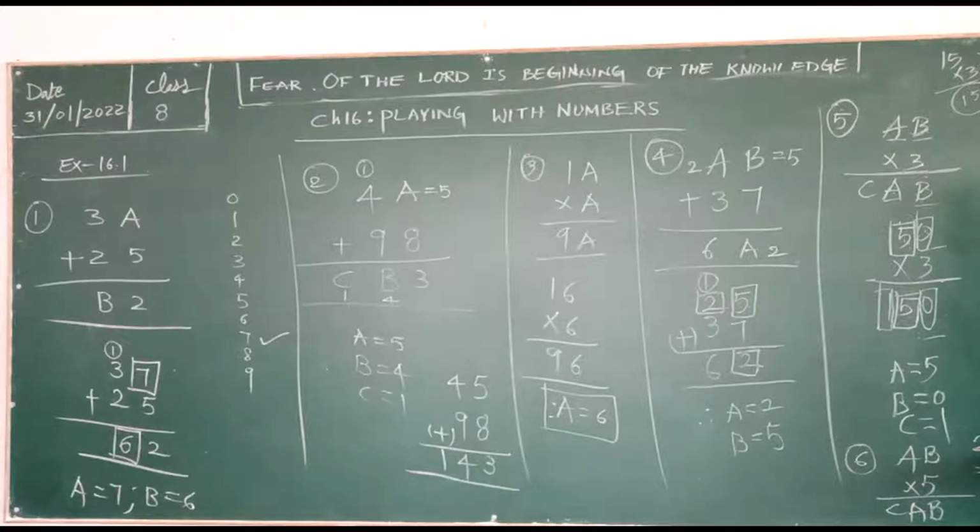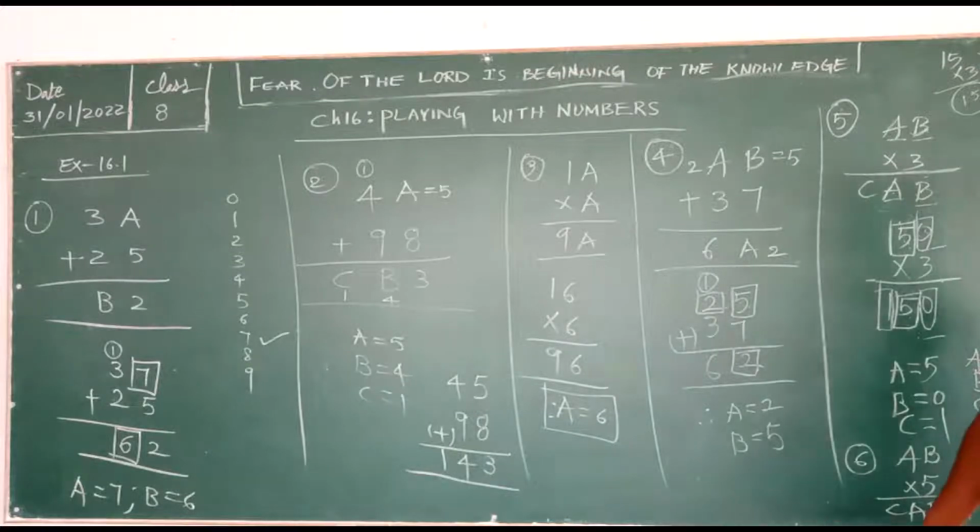Take 25, multiply with 5, what are you going to get? 5 twenty-fives are 125. Here 25 as it is 25 came and C is different. So A is equal to how much? 2, and B is equal to 5, C is equal to 1.